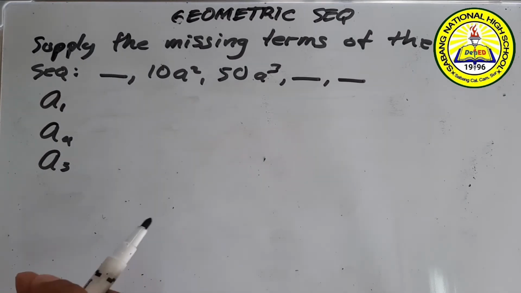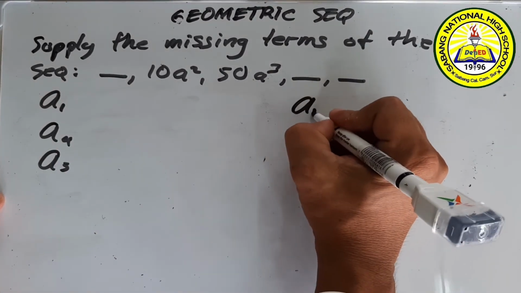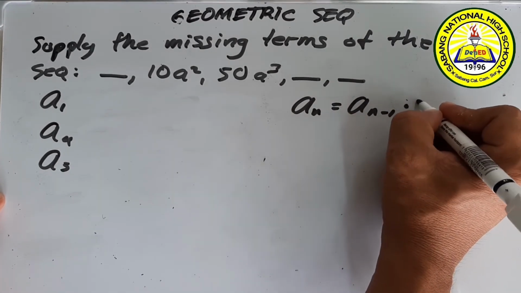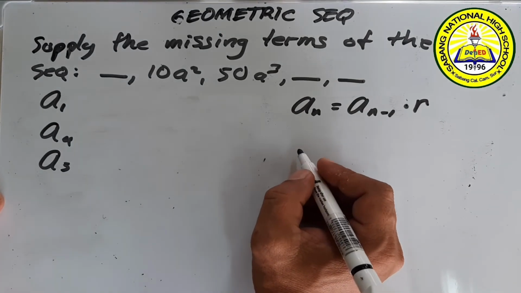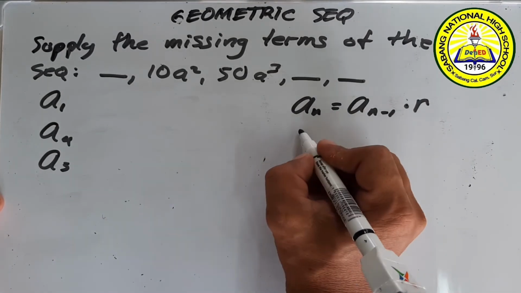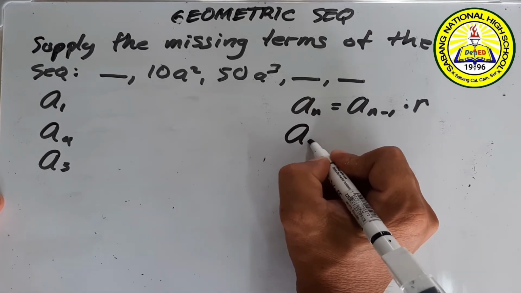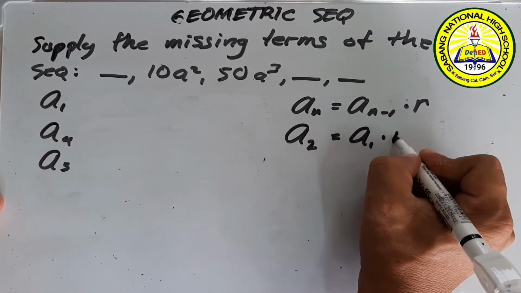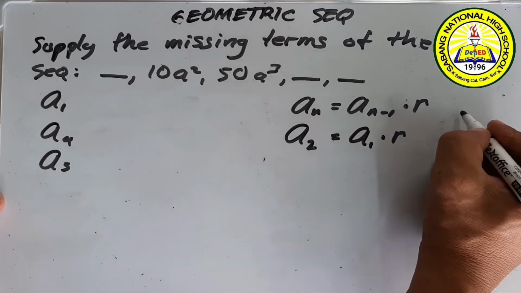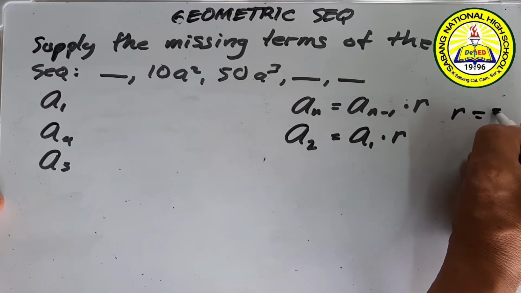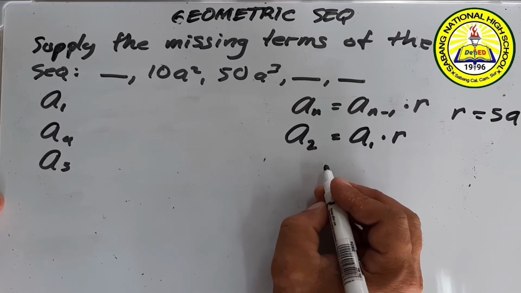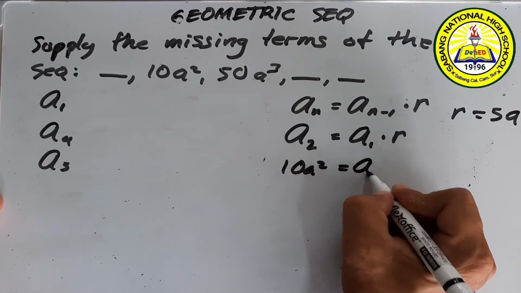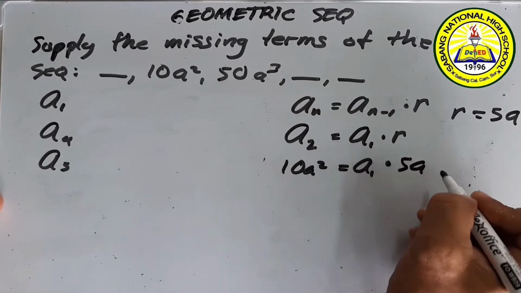We are going to go back to the formula: a sub n is equal to a sub n minus 1 times the common ratio. Let us make this a sub n as a sub 2. Therefore, this one will become a sub 1 times the common ratio. We know that the common ratio based on our computation is 5a. Thus, a sub 2, which is 10a squared, is equal to a sub 1 times 5a.